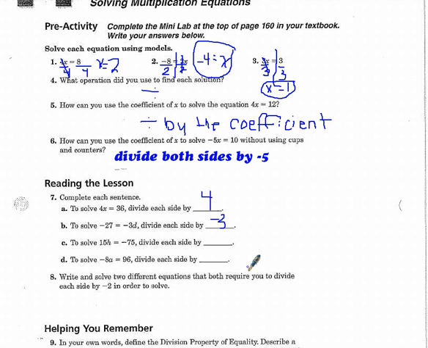To solve 15h equals negative 75, we would divide each side by 15. And to solve negative 8a equals 96, divide each side by negative 8.